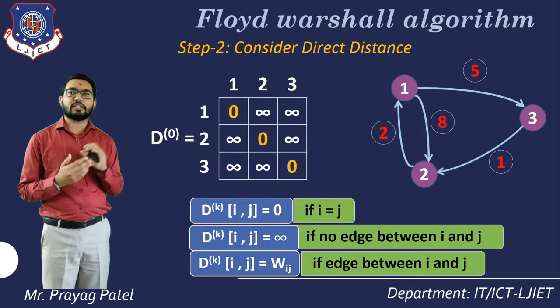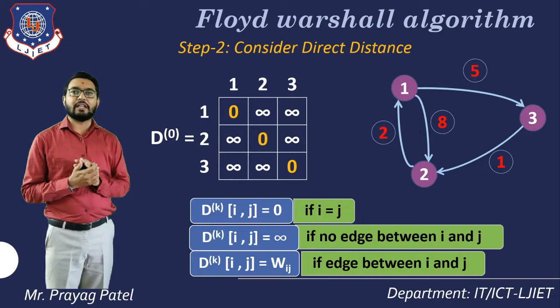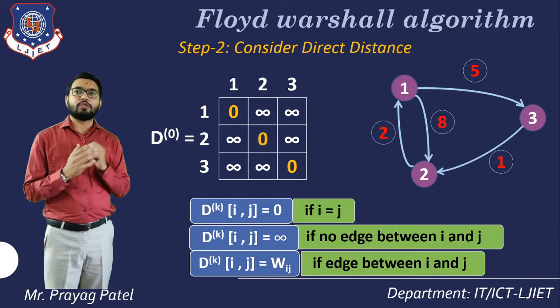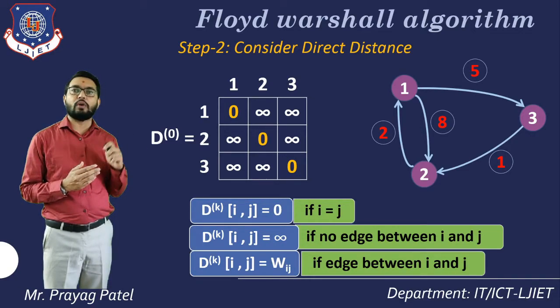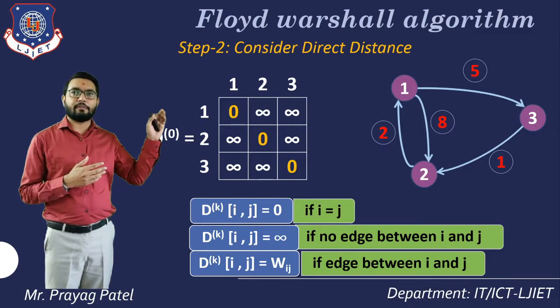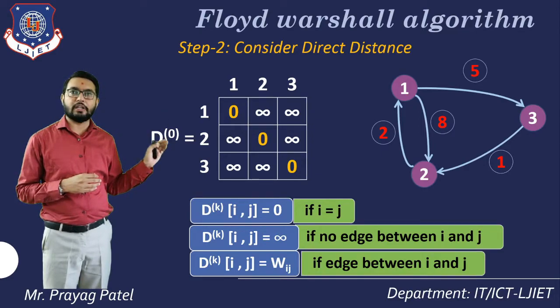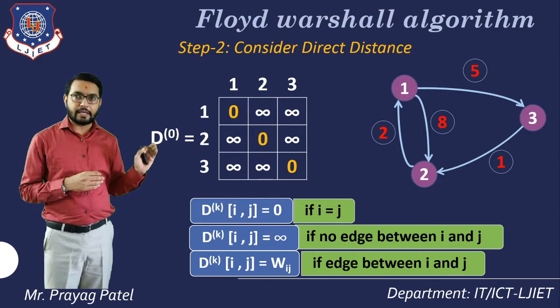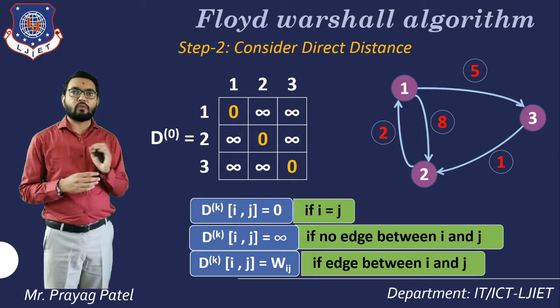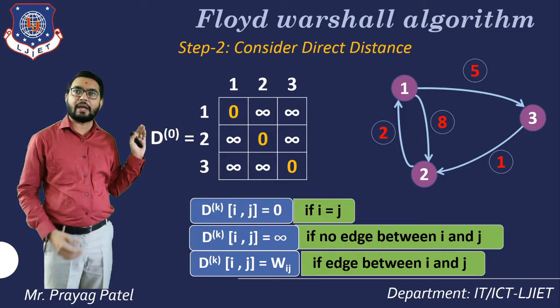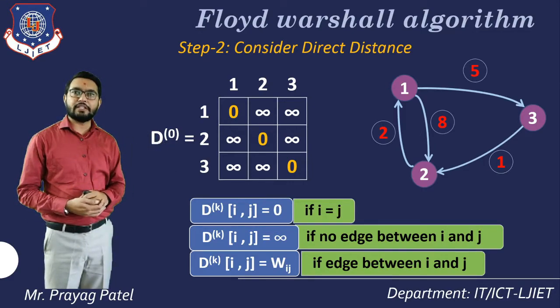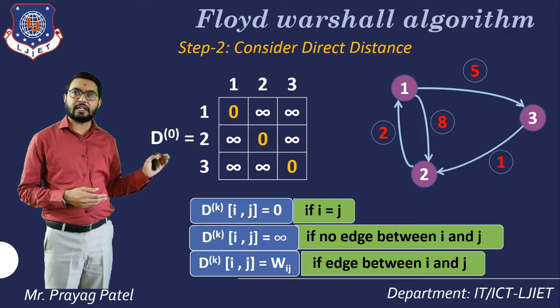So according to these three formulas, initially if i equal to j, write d of k i j equal to 0. This is the first table d0, because these three formulas are applicable only when k equal to 0. So consider the d0 table, the initial table, as d0.